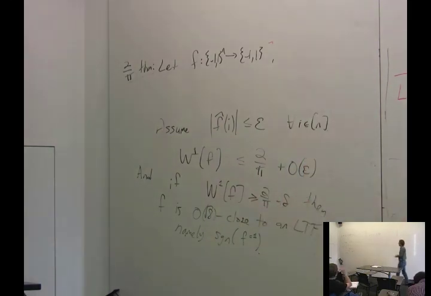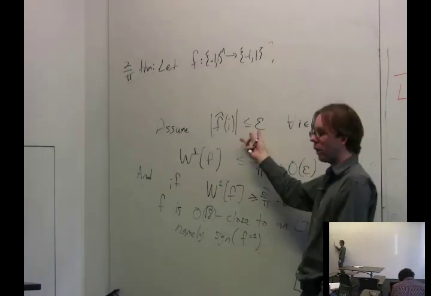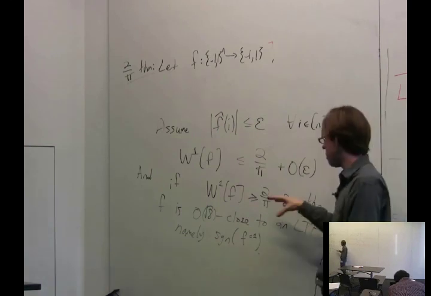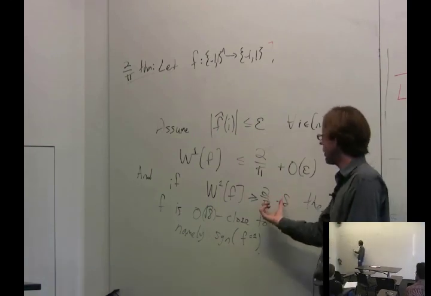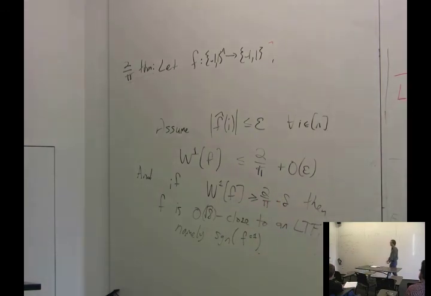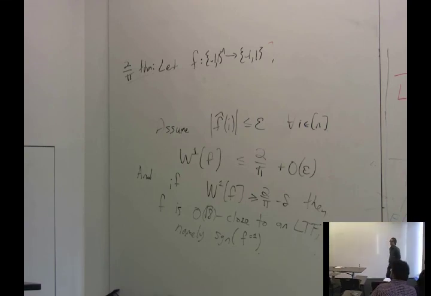So what this says is that there's a funny thing. Assuming you reduce to the class of functions that have their degree 1 Fourier coefficients small, then being an LTF is robustly characterized by having the property of weight 2 over pi at degree 1. We had a conjecture last time that for all LTFs, the weight at level 1 is bigger than, if I remember.